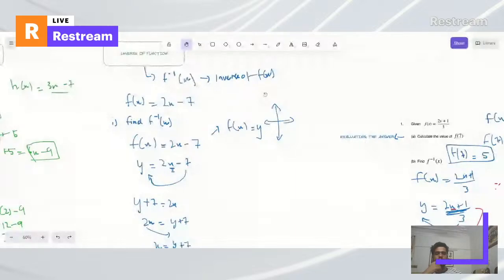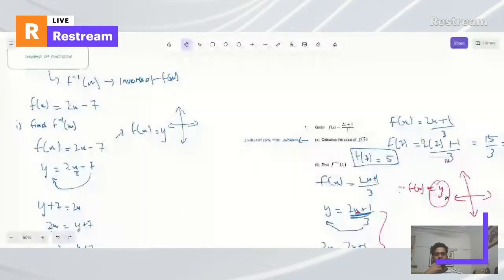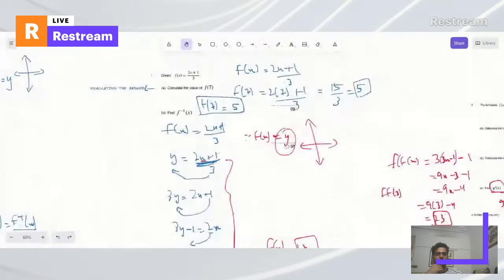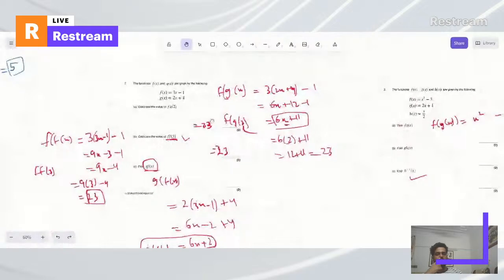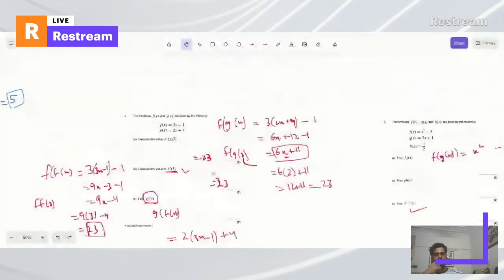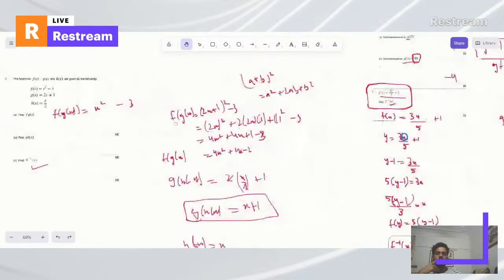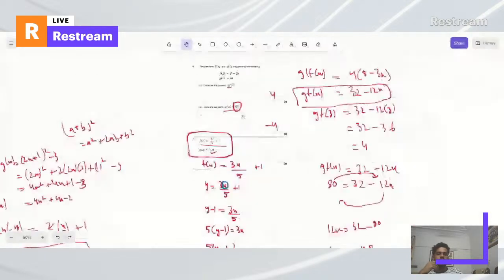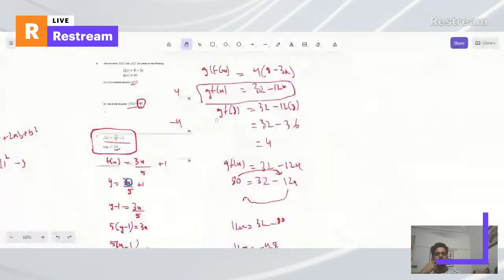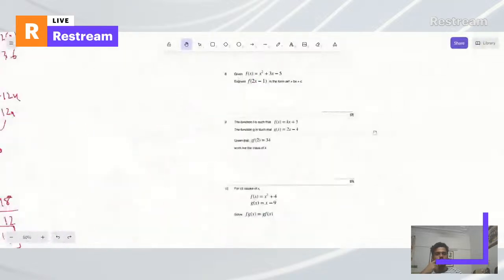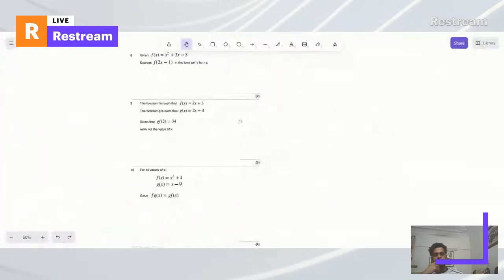Then we did one question regarding the inverse, and another one regarding composite functions. Then this question was a combination of both of them, right? Similarly, this was a combination of both also. Now it comes down to this question.